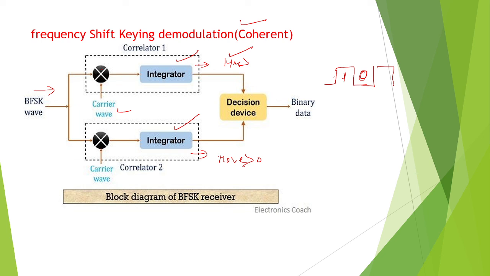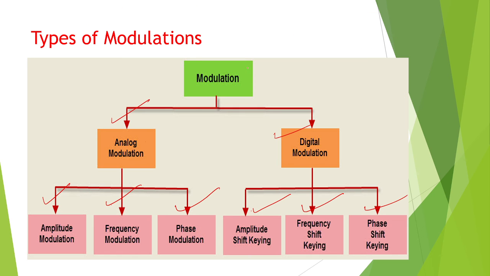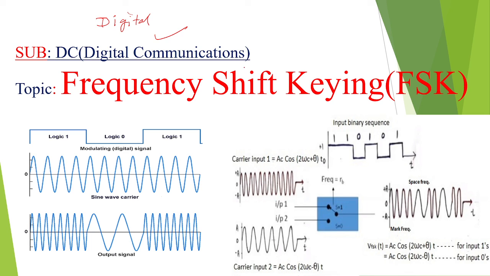Like this we can demodulate the signal based on the amplitude of the integrator's output after demodulation with the carrier. Both amplitudes are compared, and based on that we can decide what the signal is. Like this we can modulate and demodulate our required message signal. Thank you. If you have a doubt, you can send me.